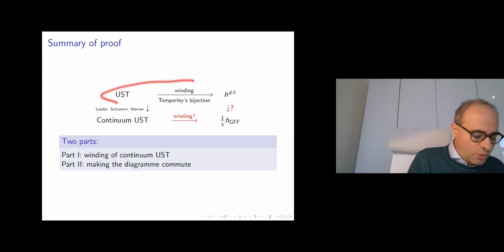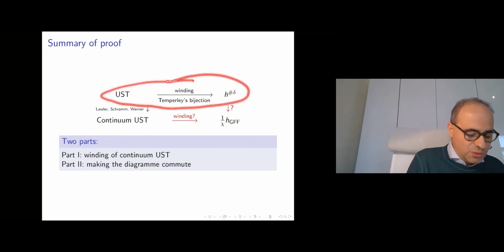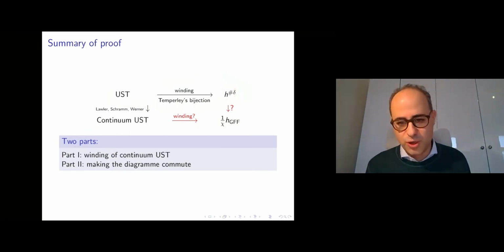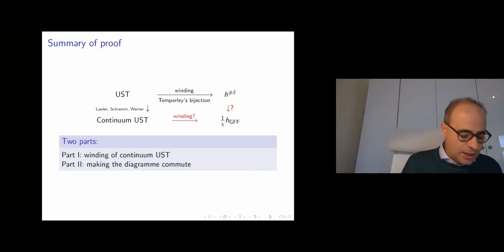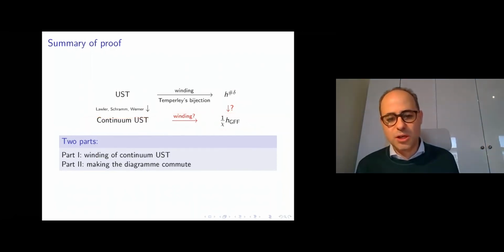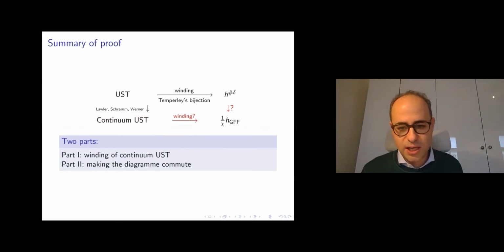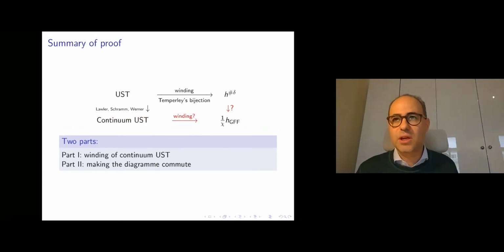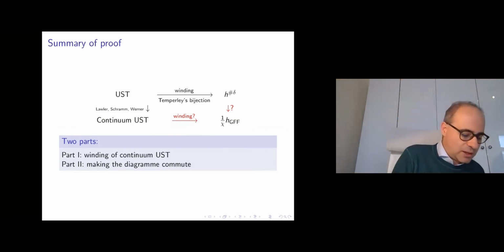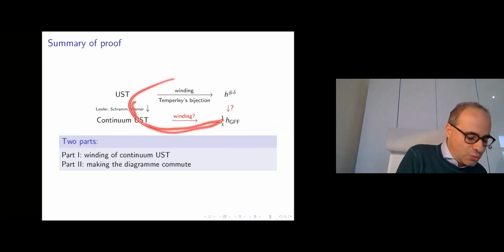Now, we're interested in the winding of this tree because by Temperley's projection, that gives us the discrete height function we're interested in. So the first thing you want to do is to try to say, well, given this continuum uniform spanning tree, can I give a meaning to the notion of winding of branches of this uniform spanning tree? And if I can, somehow I make this diagram commute, right?